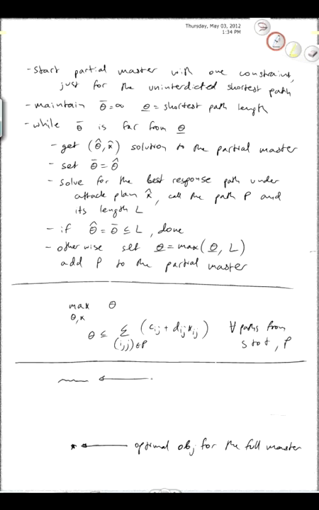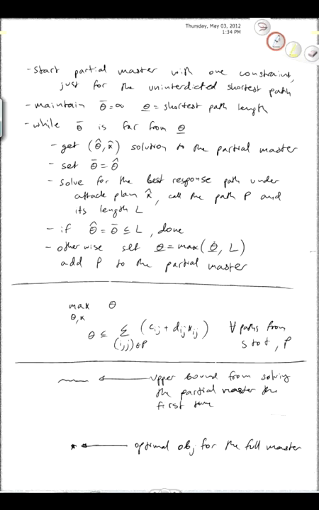So this is the upper bound from solving the partial master the first time. That would be the first time in the loop we get some upper bound.